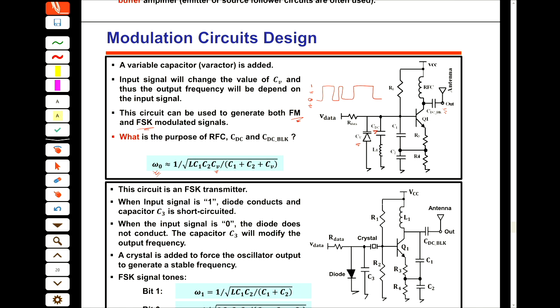No. The varactor's capacitance is controlled by this voltage. Prevent? So why do we want to prevent DC current here? I mean, if I don't put this capacitor, what will happen?